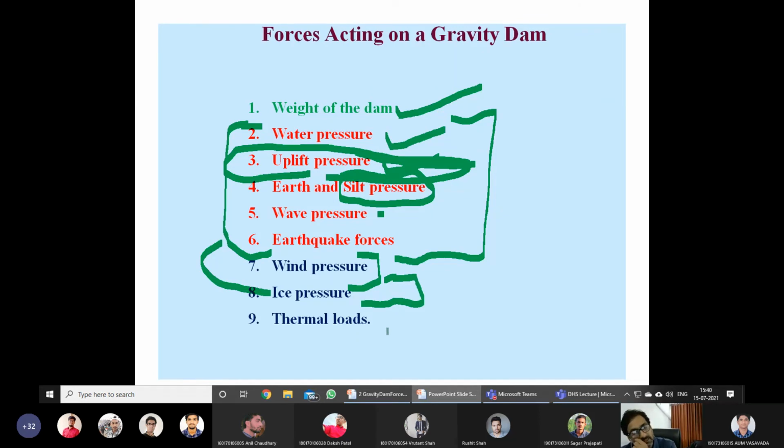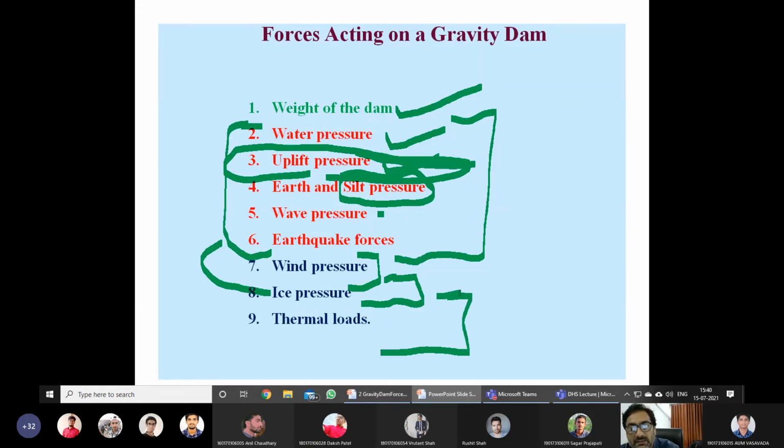Thermal loads, like in the equatorial region or the middle portion of India, the southern part: thermal variations are very high, from 0 degrees to say 50 degrees of temperature during day and night. Temperature differences are almost 20-30 degrees, and they set up thermal stresses.